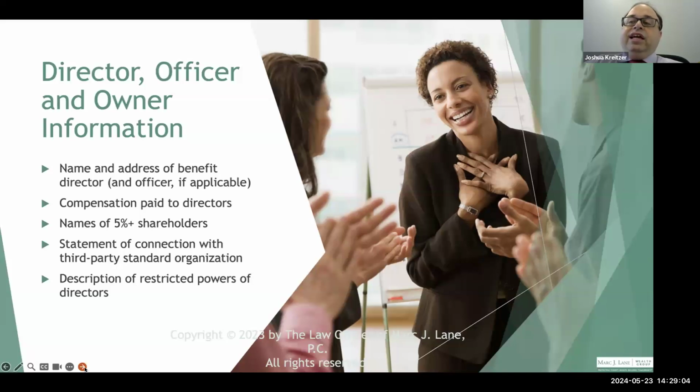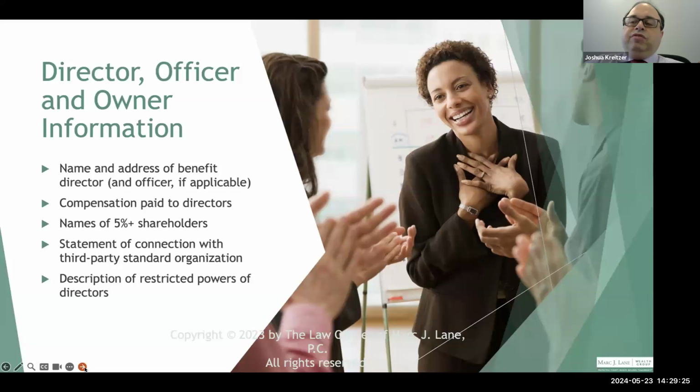A statement of any connection between the organization that established a third-party standard or its directors, officers, or material owners, and the benefit corporation itself or its directors, officers, or material owners, including any financial or governance relationship that might materially affect the credibility of the use of the third-party standard.